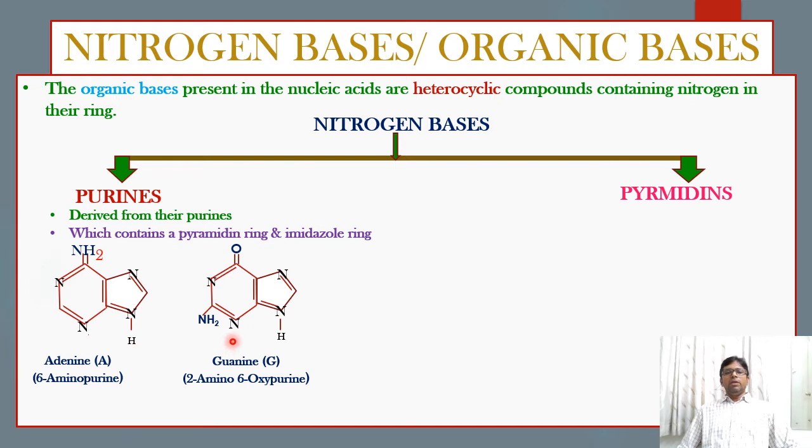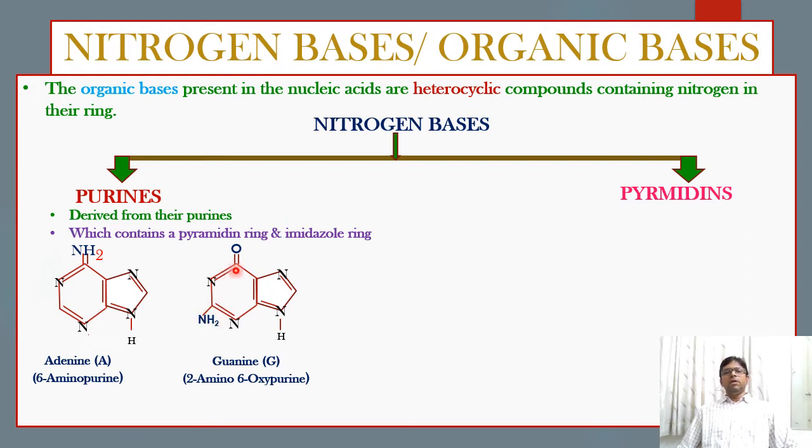Coming to guanine, guanine also consists of 2 carbon-nitrogen rings: a 6-membered pyrimidine ring and a 5-membered imidazole ring. Like adenine, on the 1st and 3rd positions, nitrogen is present in place of carbon. On the 2nd carbon, one amino group is present.